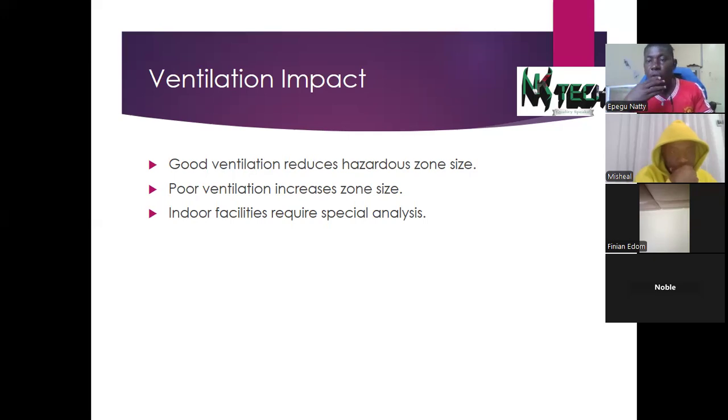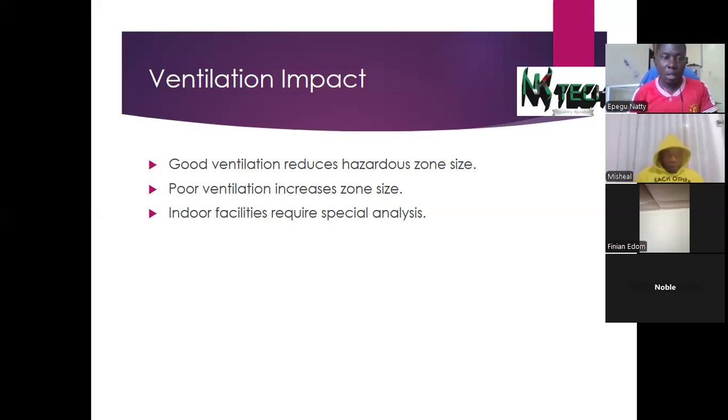So if you have ventilation, it can reduce your zone size. Let's say, for example, inside the tank we have a lot of ventilation. Since you have a lot of ventilation, your zone 0 is going to be reduced because it's venting everything out to the atmosphere. And by the time it vents it out, the surrounding is going to be your zone 1. So it's moving your zone 0 to zone 1 because ventilation is now pushing everything out faster.